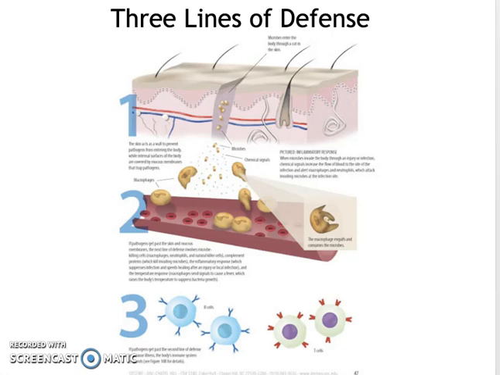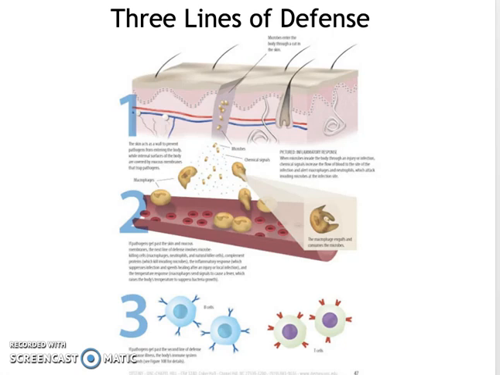The second line of defense, or secondary defense, is system-wide, and it includes white blood cells and molecules that target all pathogens equally all over the body. This is also innate, or you're born with it, and includes things like enzymes found in tears and saliva and some white blood cells.